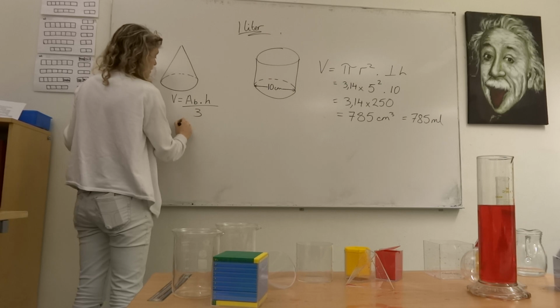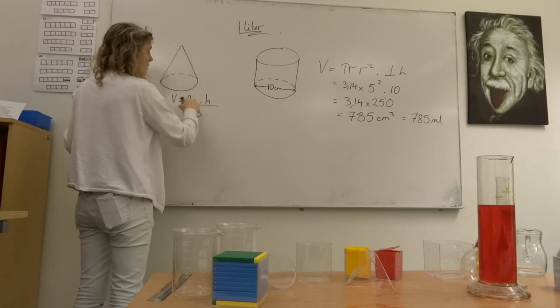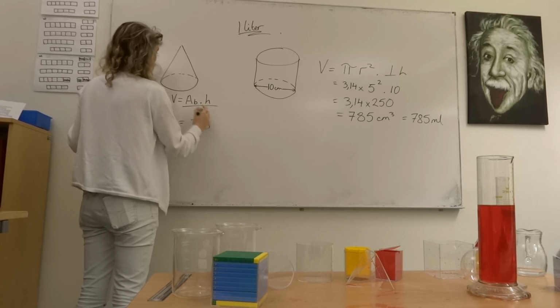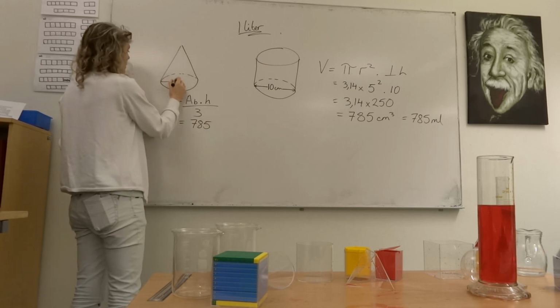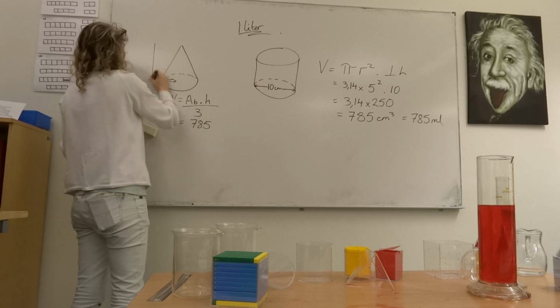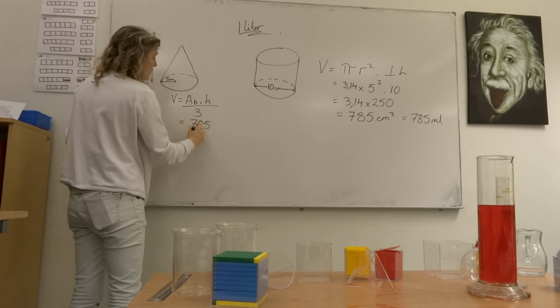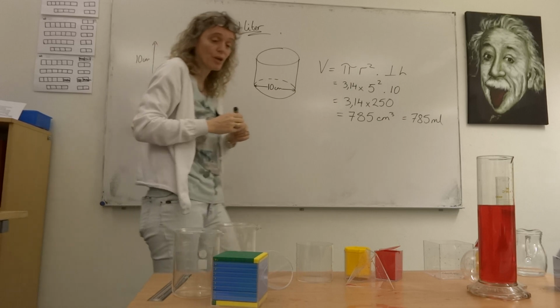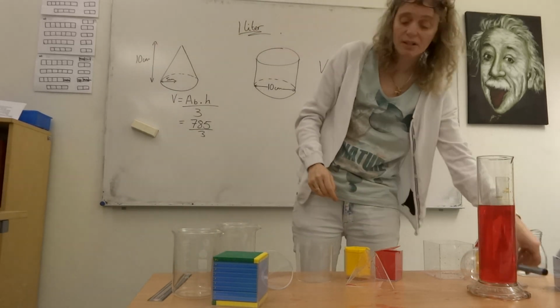We're expecting it to be 785, with the same radius of 5 centimetres and the same perpendicular height of 10 centimetres. So the only thing different is that we'd expect it to be a third. Let's fill in a third of this first.